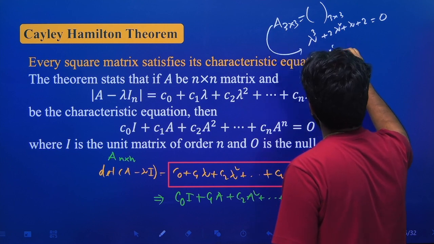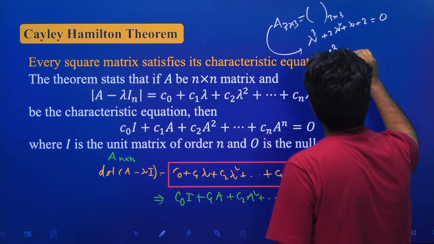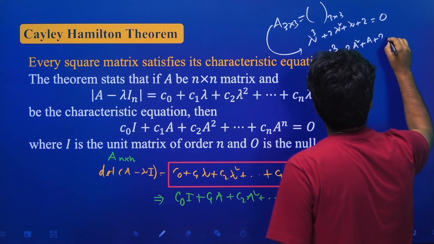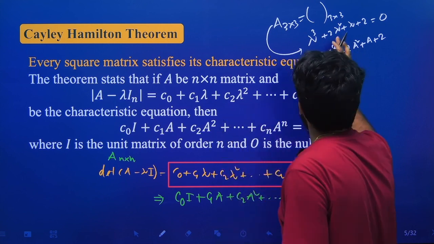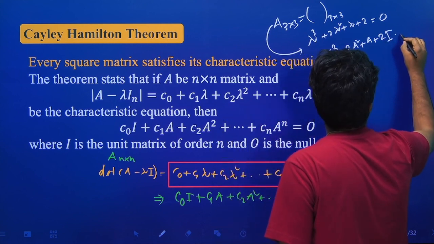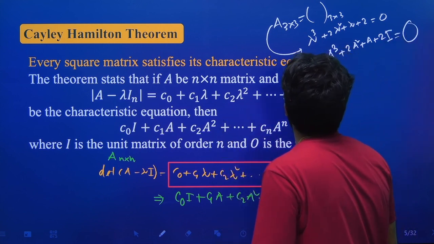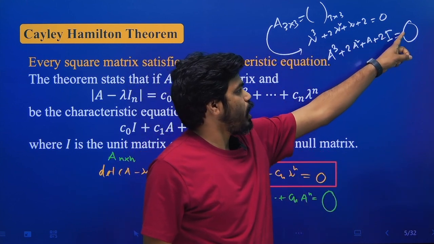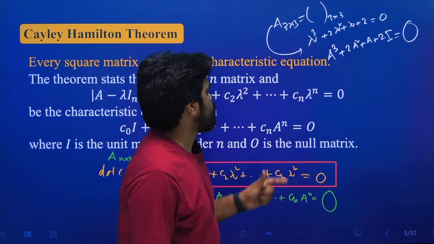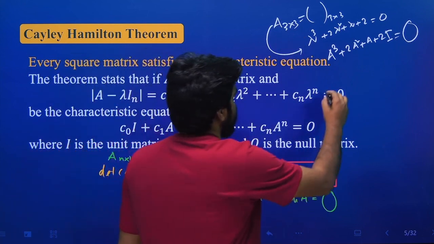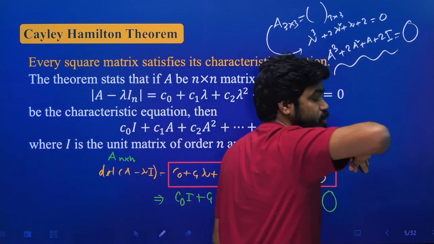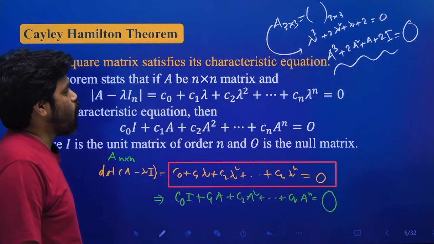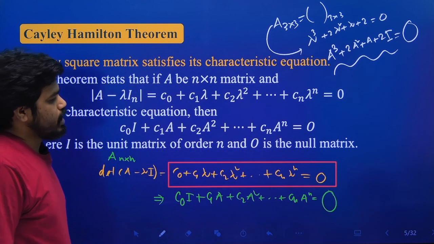That means A cube plus 2A square plus A plus 2, কিন্তু simply লিখতে পারবে না, 2I, that is identity matrix, is equal to null matrix. A cube plus 2A square plus A plus 2I is equal to null matrix. So this is the Cayley-Hamilton theorem. Cayley-Hamilton theorem is very important. Every square matrix satisfies its own characteristic equation.